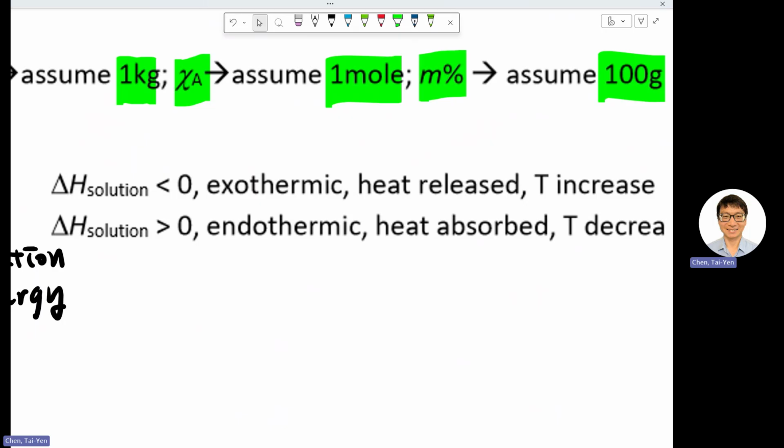Under this case, what happened? We say the hydration energy outweighs your lattice energy. So that means when the solute and solvent interact, they bring your system into a lower energy state. The system I'm talking about is the interaction between your solute and solvent.